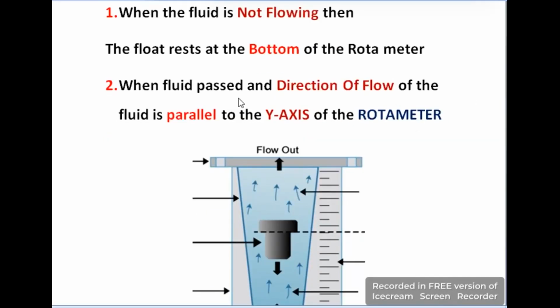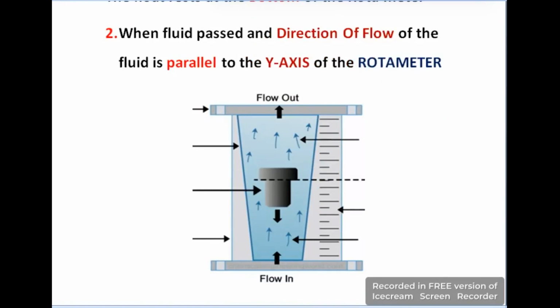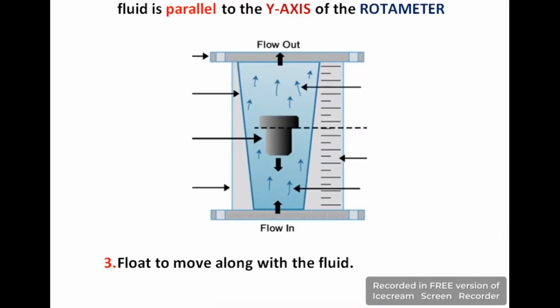According to the second point, when fluid starts flowing in a pipeline, then the direction of flow of the fluid will be parallel to the y-axis of the rotameter tube. According to the third point, when a fluid flows in the pipeline, then the float will also move from the bottom to the center of that rotameter tube along with the fluid.